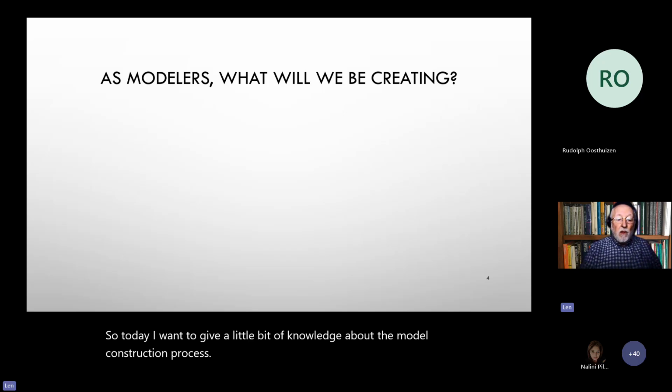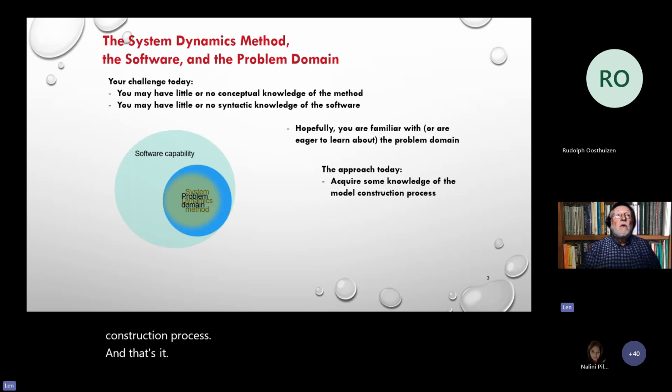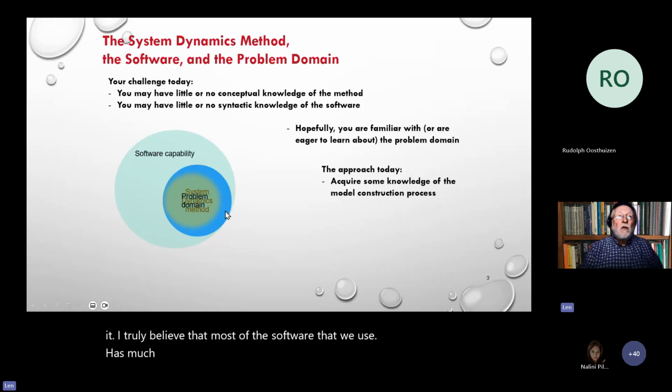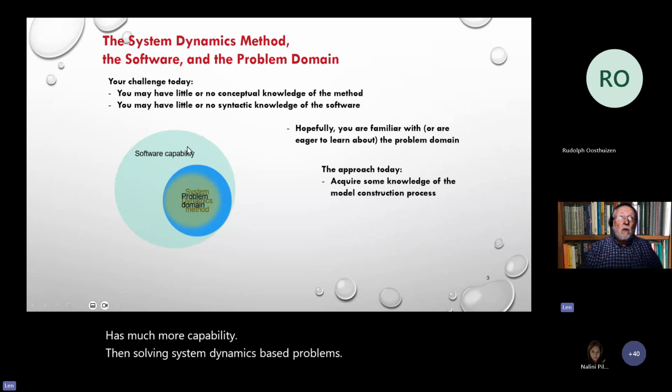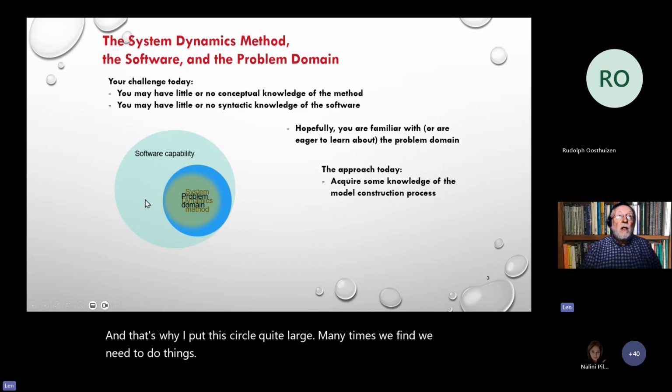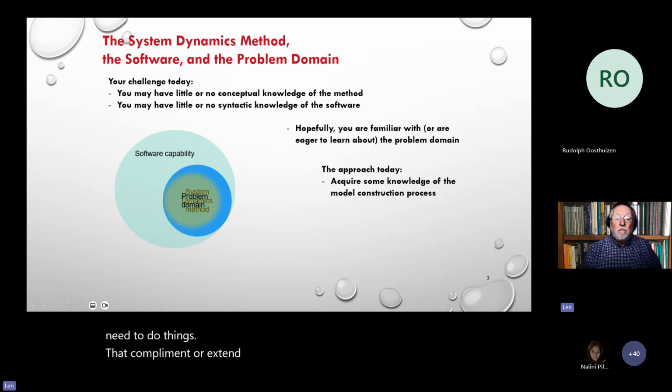And that's it. Let me go back a slide here so you see it. I truly believe that most of the software that we use has much more capability than solving system dynamics based problems. And that's why I put this circle quite large. Many times we find we need to do things that complement or extend the system dynamics methodology.